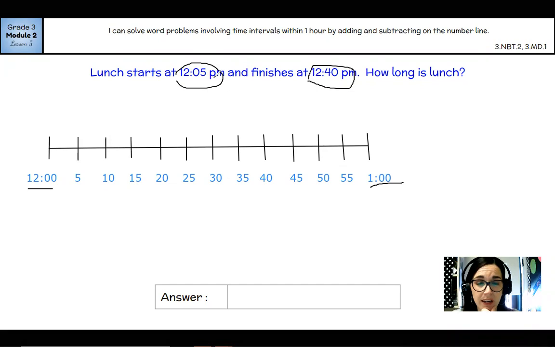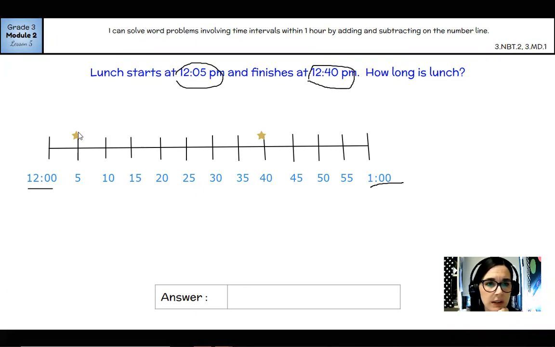So 12:05, which is 5 minutes after 12 o'clock, and 12:40, which is 40 minutes after 12 o'clock, they both come between 12 o'clock and 1 o'clock, okay? So lunch starts at 12:05. It finishes at 12:40. How long is lunch?